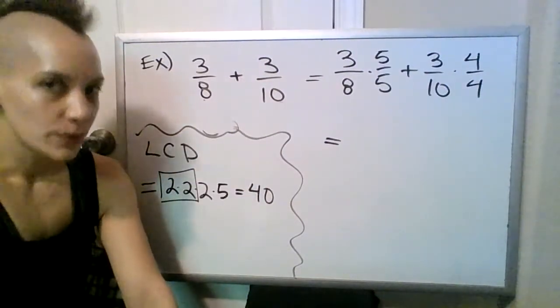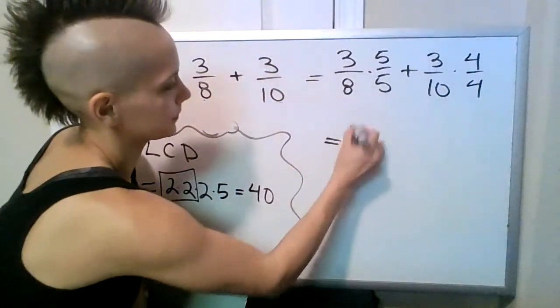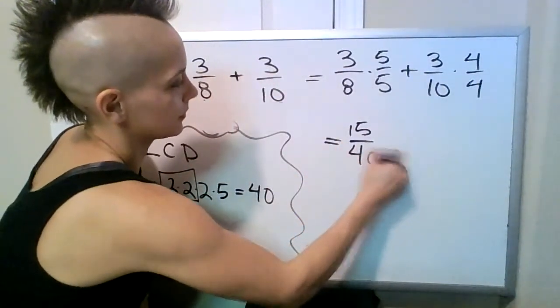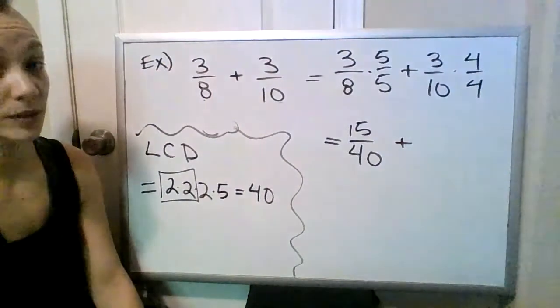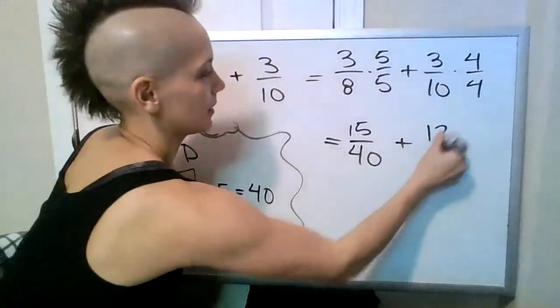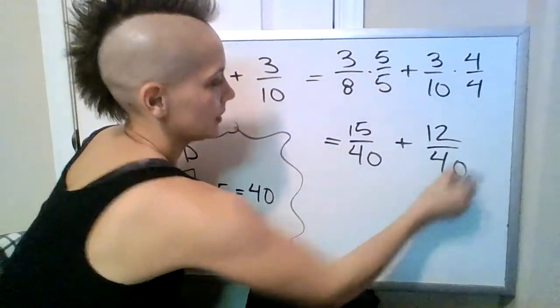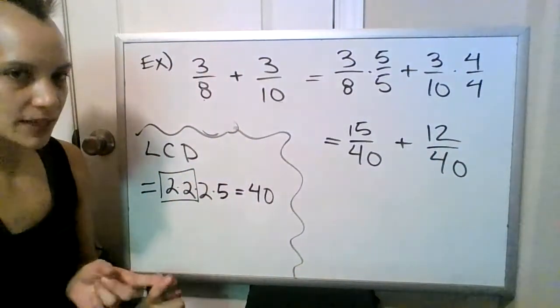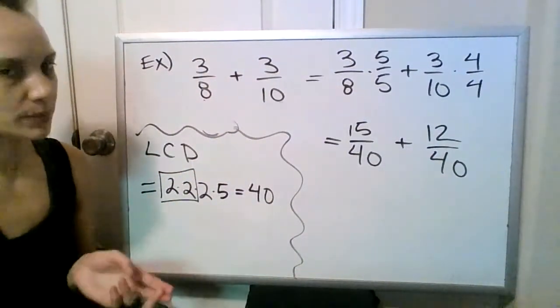We're at 15 over 40. Add 12 over 40. So we have the common denominator, and we can put 15 plus 12 over 40.